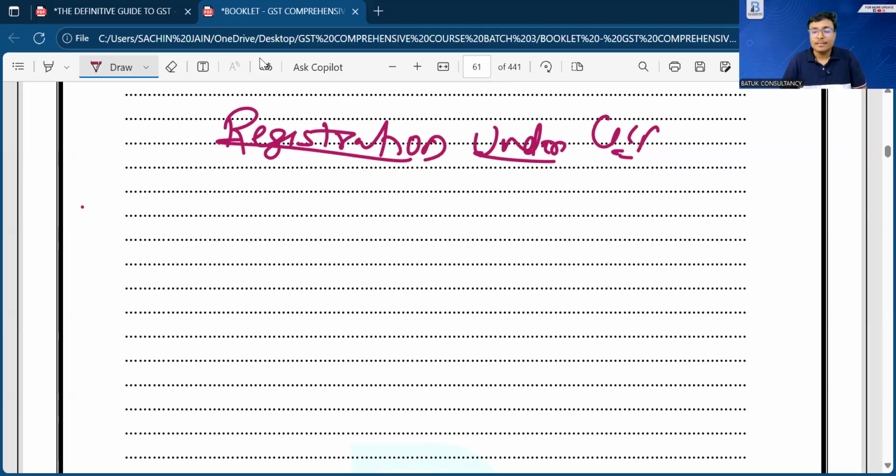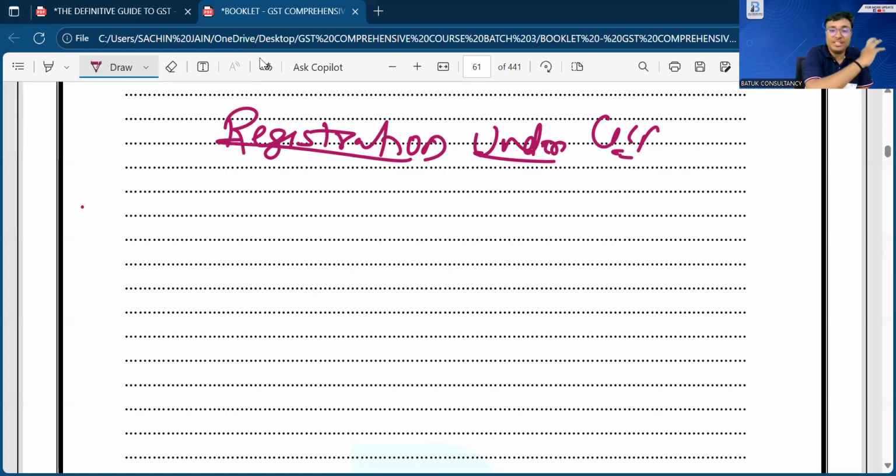Now, sir, there may be cases where you need not take the GST registration although your turnover crosses the specific limit. What are the specific circumstances? First, if you are dealing exclusively in exempted goods or services, then there is no need to take the GST registration.